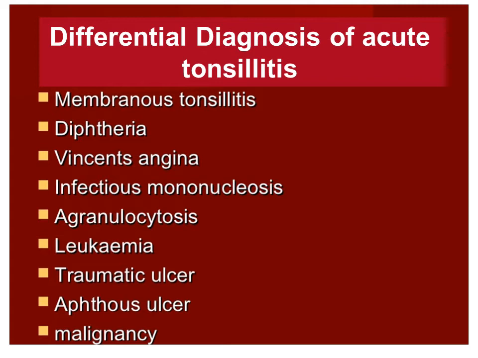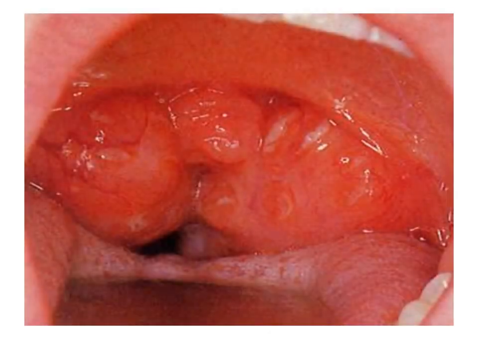Tonsillitis is a simple and very common disease in childhood as well as in adulthood, but it may mimic dangerous conditions, for example agranulocytosis, leukemia, and malignancy. So you have to keep an index of suspicion in this regard.